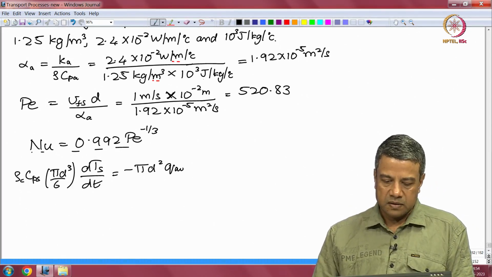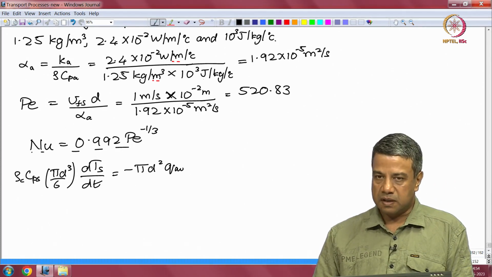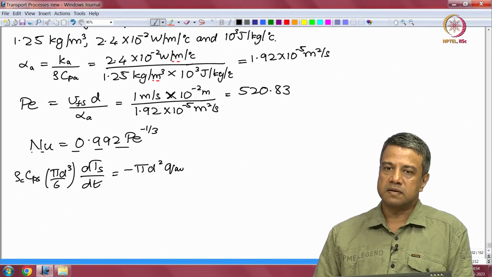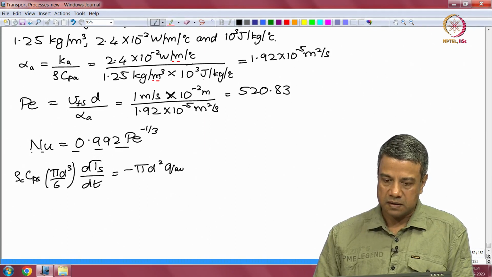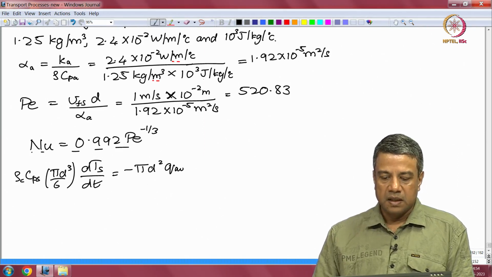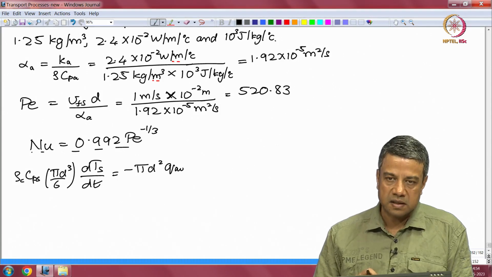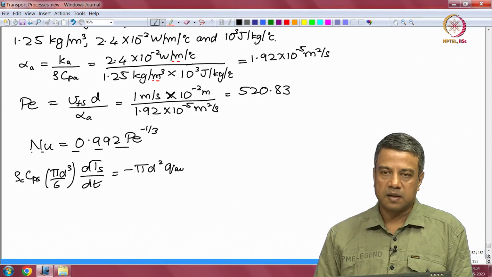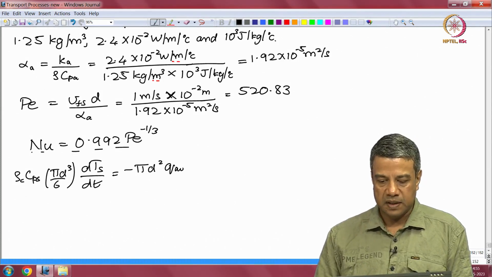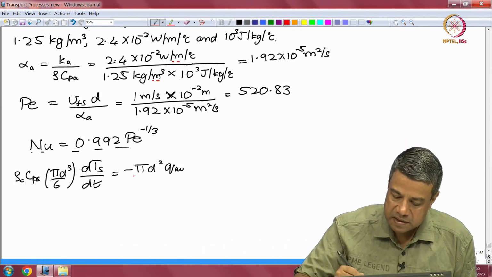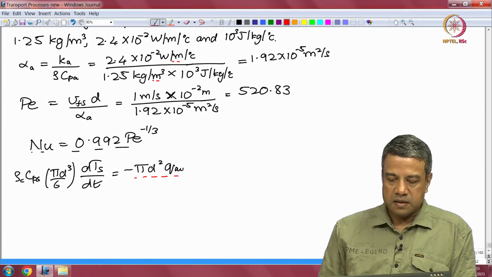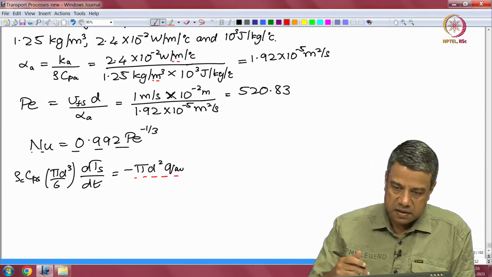So, this m Cp into the rate of change of temperature is the rate of change of heat energy. That heat energy changes because there is a conduction of heat from the surface and convection in the presence of the mean flow, and that is taken into account by the second term here, pi d square times the average heat flux.